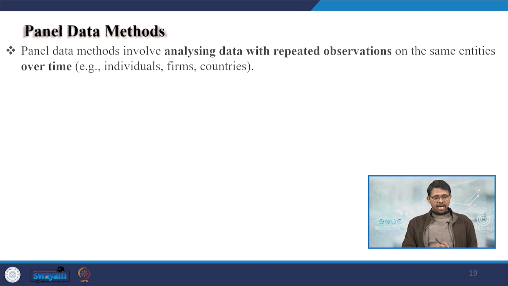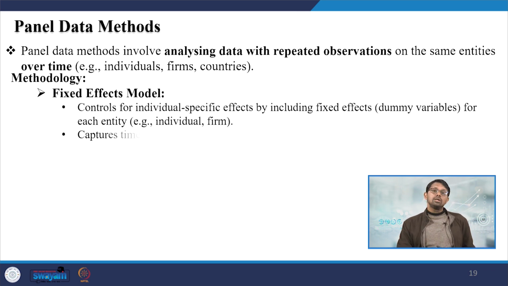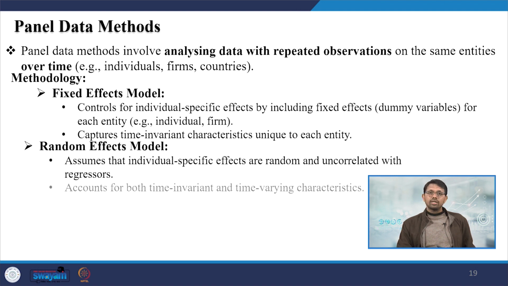Starting with the panel data method, we also discussed it to some extent in earlier modules. As a post-experimental method, panel data involves analyzing data with repeated observations on the same entities over time. The entities may be individuals, firms or countries etcetera. The methodology is usually considered as fixed effect or random effect.